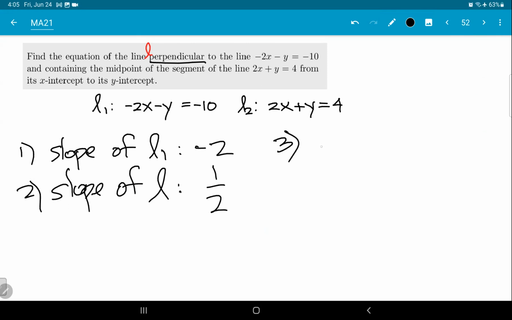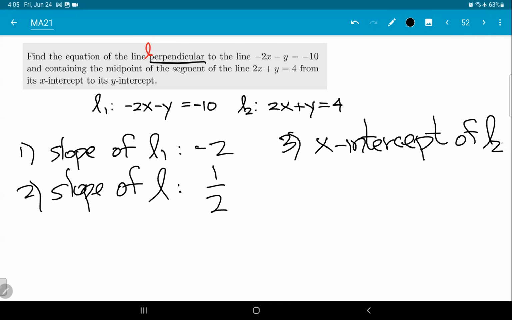Number 3. X-intercept. Ito lang. L2, syempre ang hinahanap natin. Okay, to get the x-intercept, listen, just set the other variable to zero.